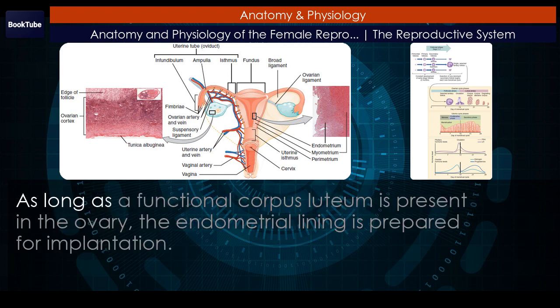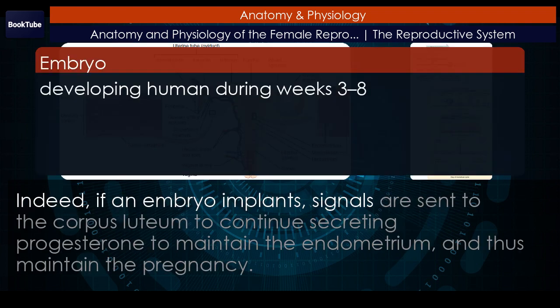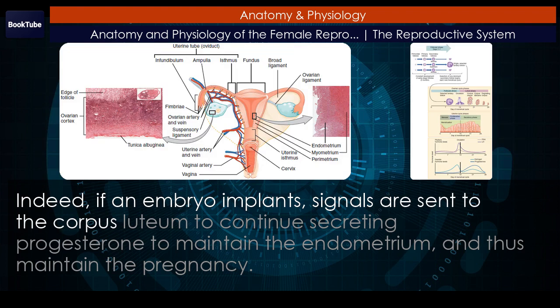As long as a functional corpus luteum is present in the ovary, the endometrial lining is prepared for implantation. Indeed, if an embryo implants, signals are sent to the corpus luteum to continue secreting progesterone to maintain the endometrium, and thus maintain the pregnancy.